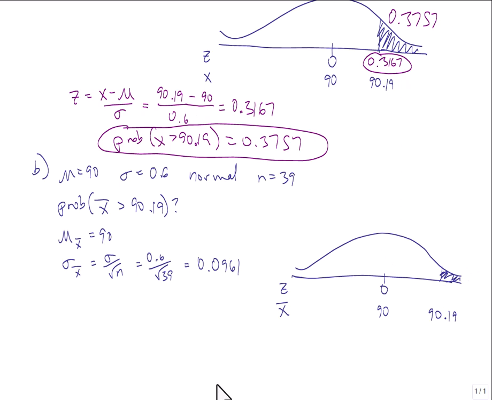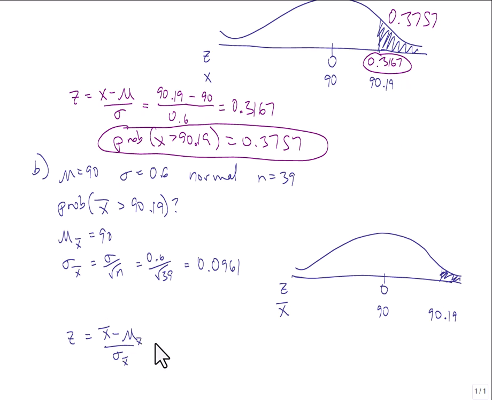So first we need the z-score. As always, z equals, normally we'd say x minus mu over sigma, except we're not talking about x. We're talking about x bar. And we're not talking about sigma, we're talking about sigma x bar.